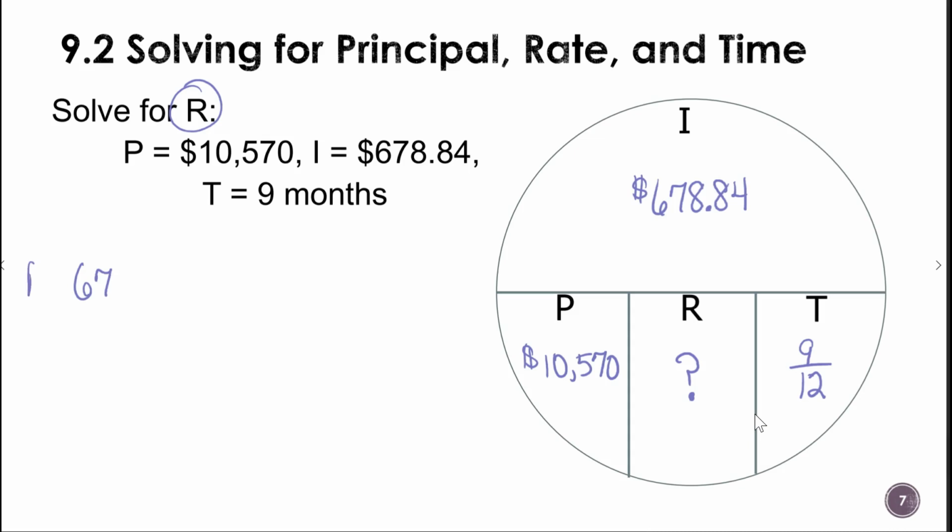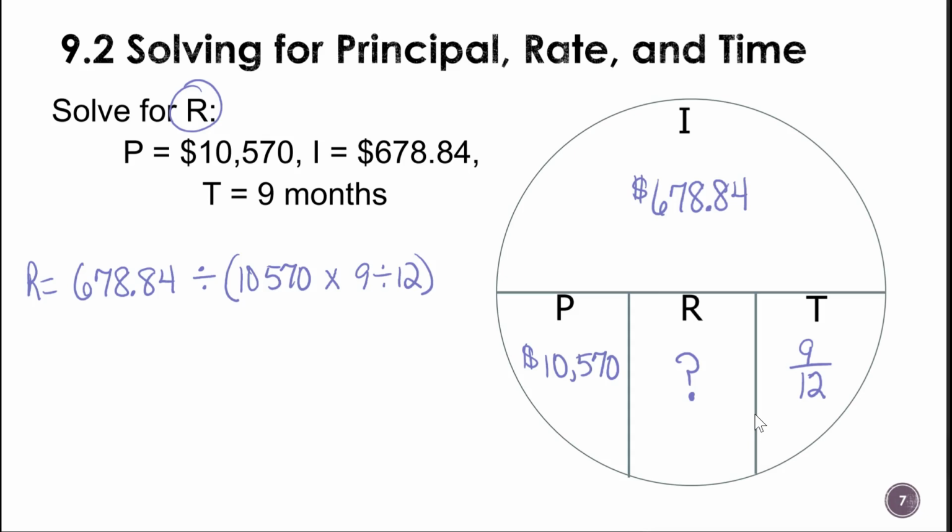Rate equals, so 678.84. We're dividing by principal times time, so 10,570 times 9 divided by 12, and then we just do our calculation, right?